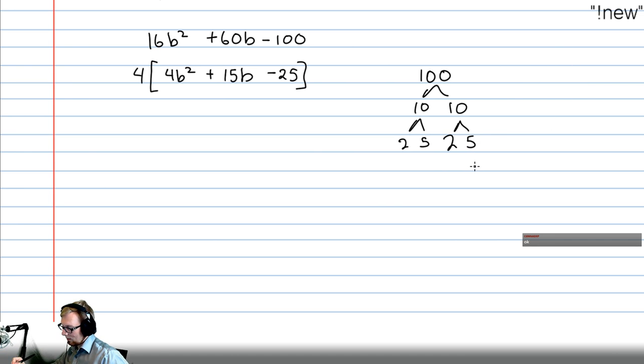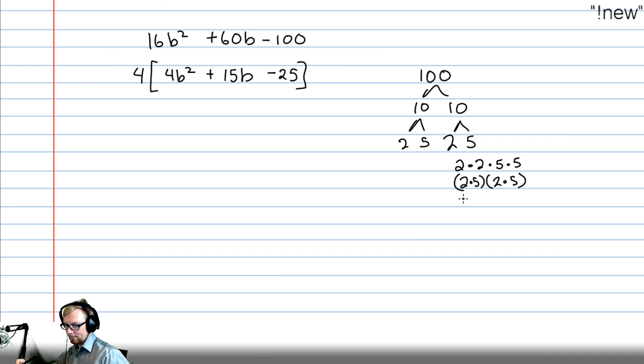Okay, so what are your options? Well, you have 2 times 5. And what's your next option? You have 2 times 2 and 5 times 5. Okay, next one is 2 times 5 times 5, and 5 times 2 times 2.